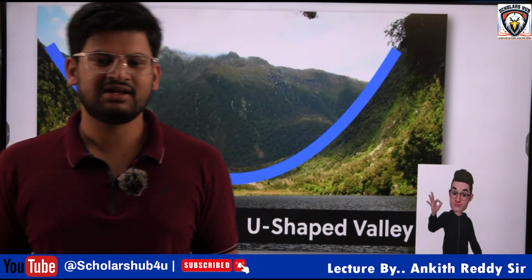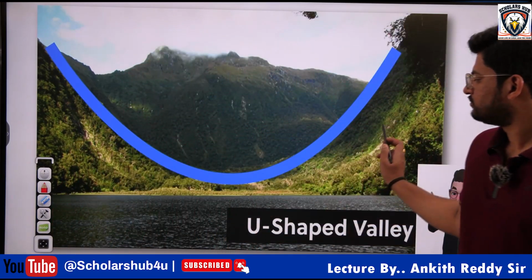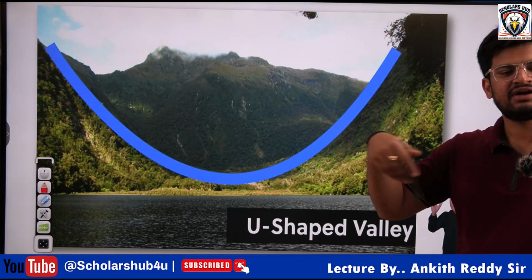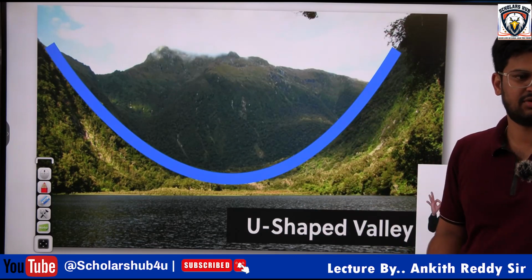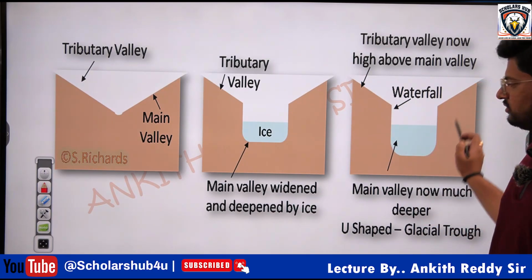So basically you find this kind of structure throughout the world. But in present glacier landforms you find fresh ones, more indicative. So this is how U-shaped valleys form.